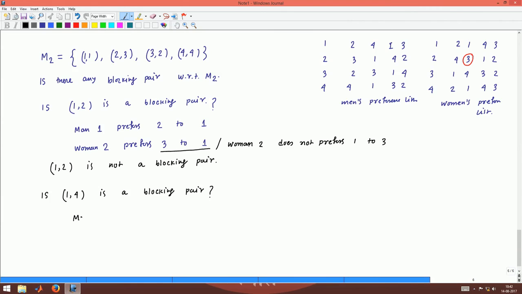So man 1 prefers 4, so one side is true for (1, 4) to be a blocking pair.